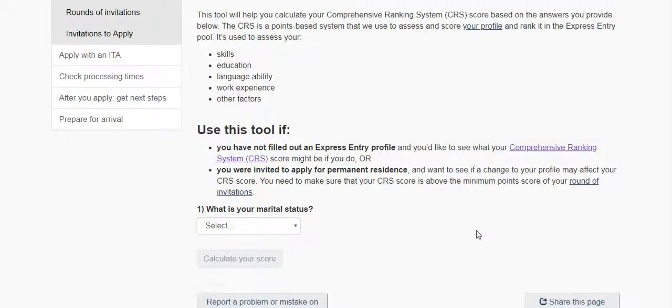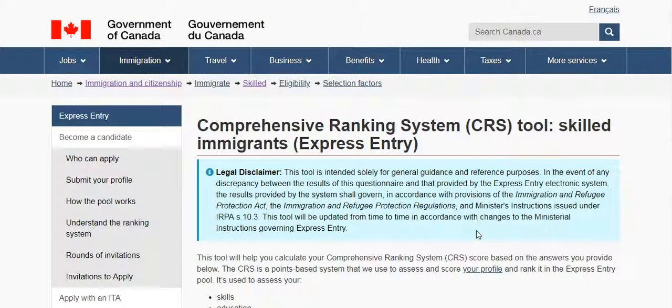In this tool, you can see that there's a basic set of factors that are being asked for calculating your score. These are basically eligibility criteria, and the government of Canada is helping you by calculating your CRS score without going to an immigration consultant. So all you need to do is just enter these basic skills selection factors, and your eligibility would be calculated.